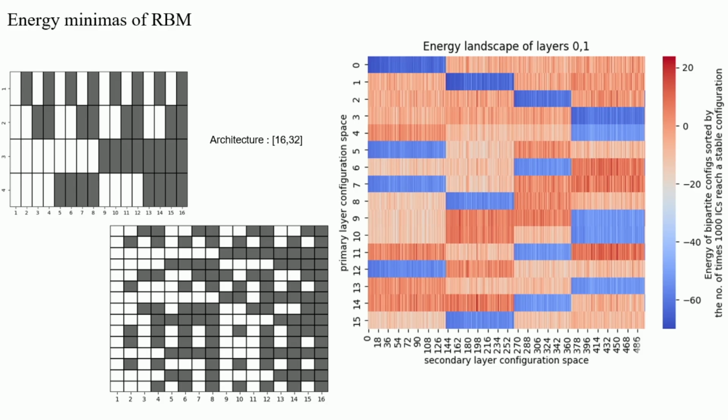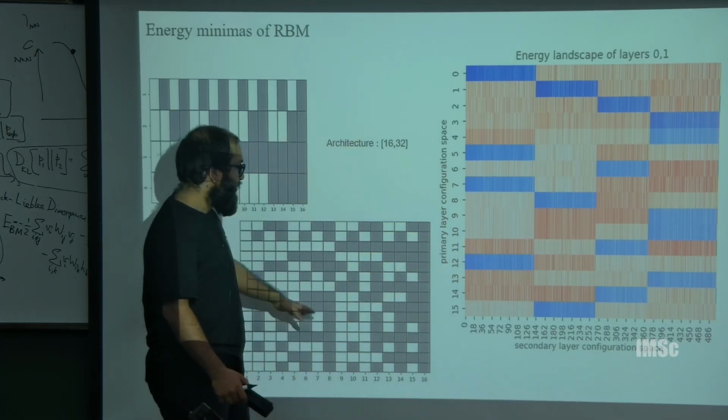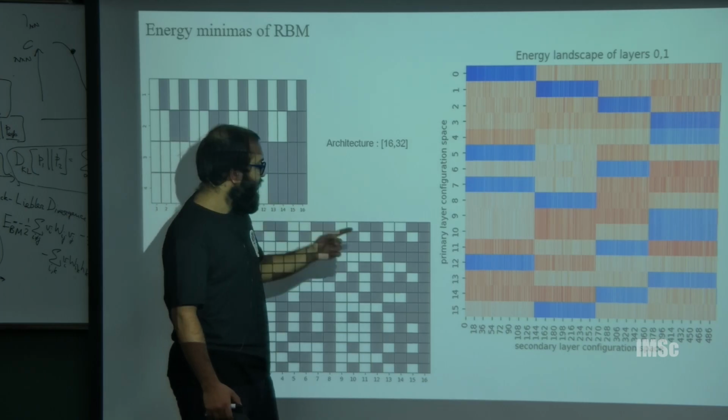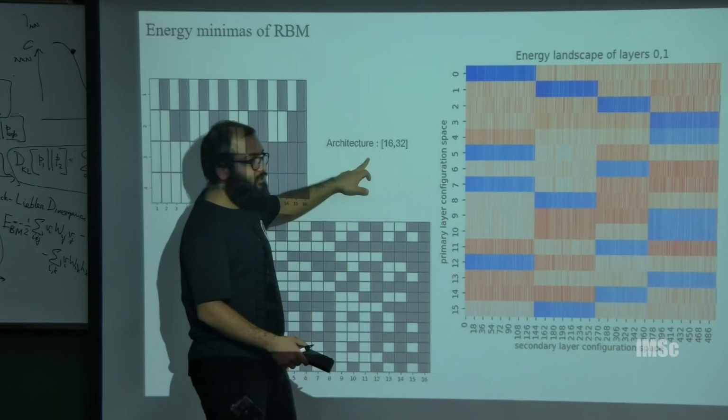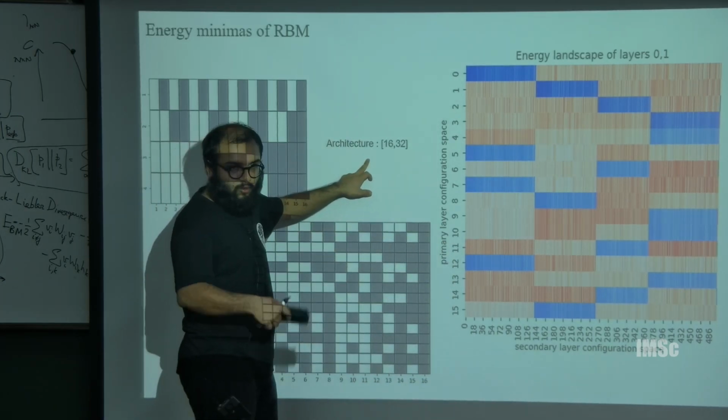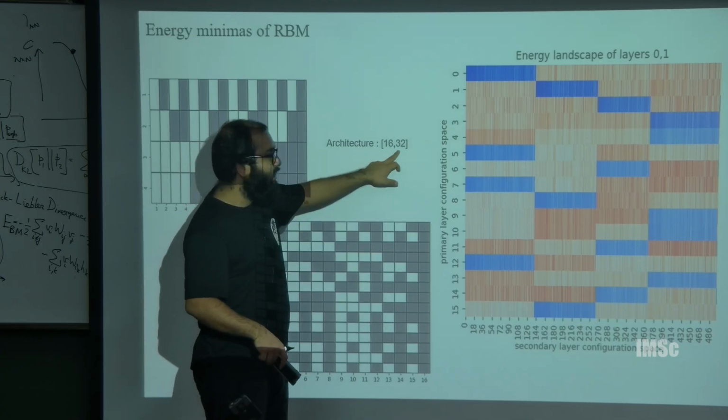It reaches the minima the most number of times. These other ones correspond to the other patterns. One thing you can notice, this is the architecture of 16-32. So the visible layer, the lower layer, is 16, and the upper layer is 32.